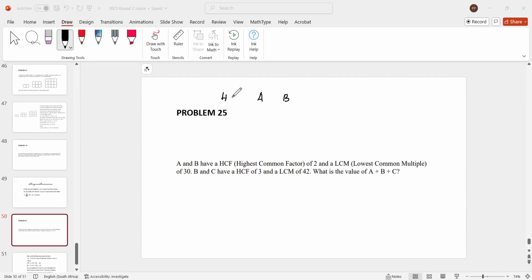The HCF equals 2, and the LCM is 30. Likewise, B and C have an HCF of 3 and an LCM of 42.